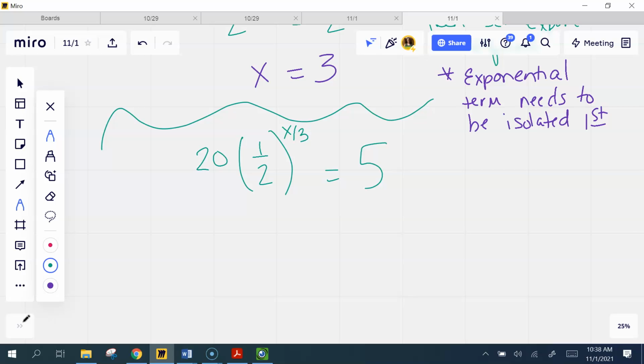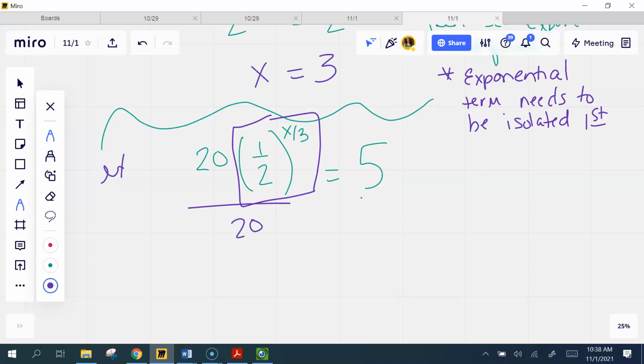No, because exponents come first. So this is what I mean by isolating that exponential piece. Before I even start, I'm going to get this myself first. Divide by 20. This is an example.